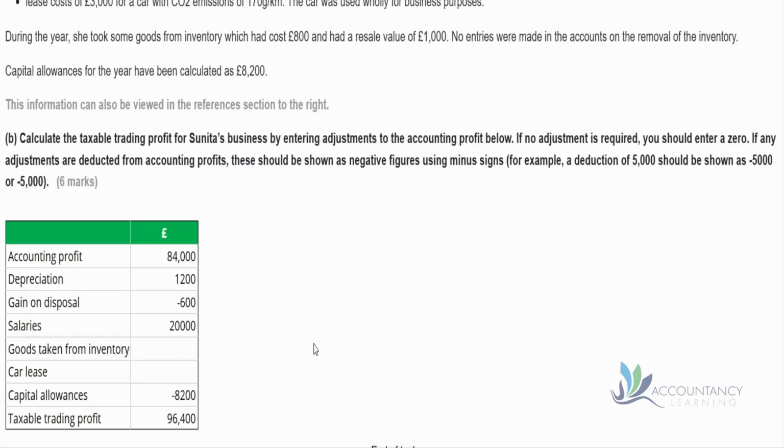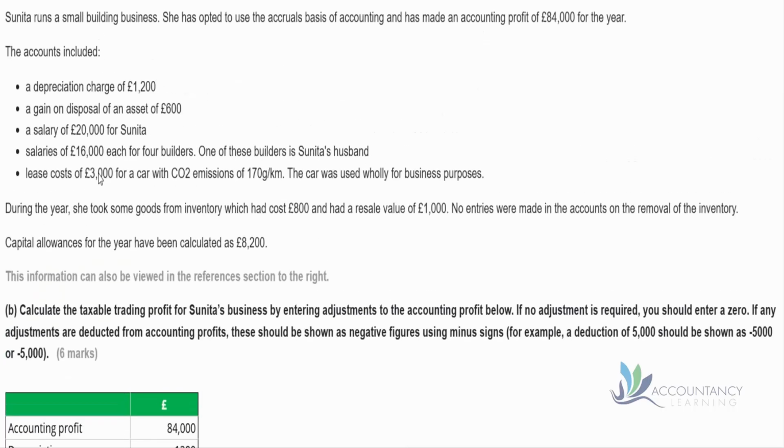Next we have the goods taken from inventory. So let's remind ourselves. During the year she took some goods from inventory which had cost 800 and had a resale value of 1,000. So no entries were made in the accounts on the removal of the inventory. So how should we deal with this?